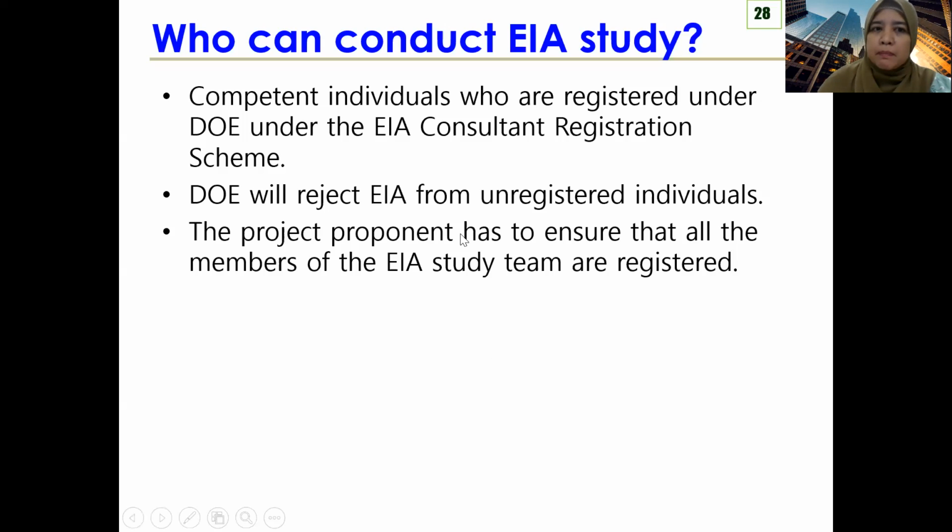Okay. So must be competent individuals, and these competent individuals are registered under DOE under the EIA consultant registration scheme.